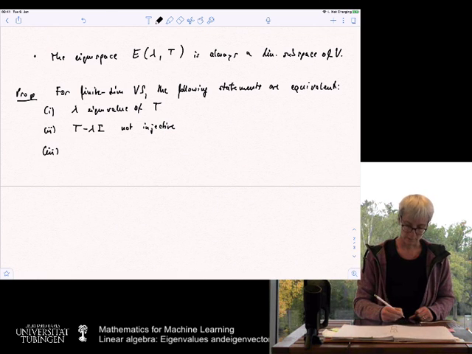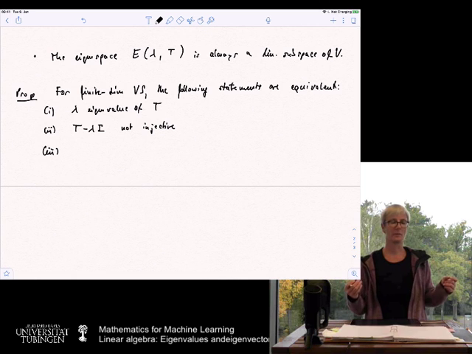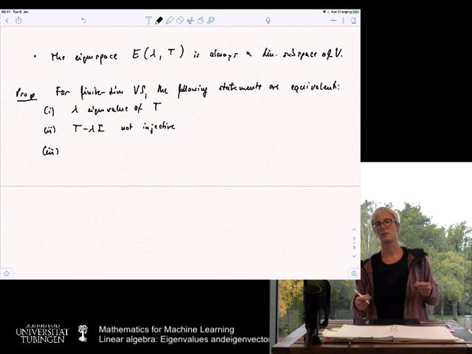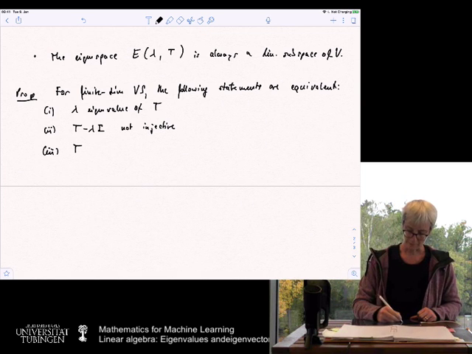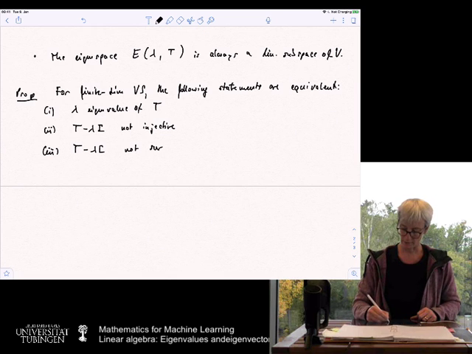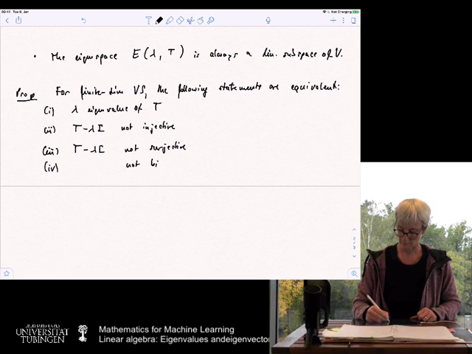And then we know that for finite dimensional vector spaces, if a linear mapping is not injective, it's also not surjective and not bijective. So these properties are all equivalent on finite dimensional spaces. This is not true on infinite spaces. But here I can write it down. T minus lambda identity is not surjective. And the other thing, it is not bijective.